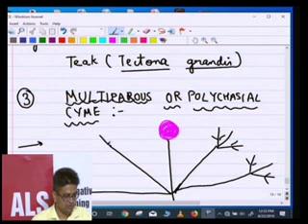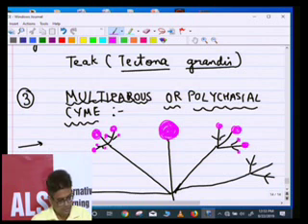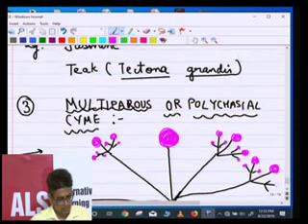It's complicated to draw already. You can understand what I'm trying to do here. Oldest flower, second oldest flower, younger flowers like this. I hope you understand what I'm trying to do here. You can do this by yourself also. You're pretty much aware now what is going to happen.